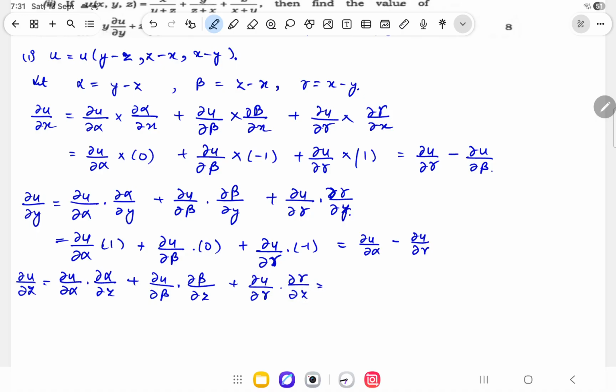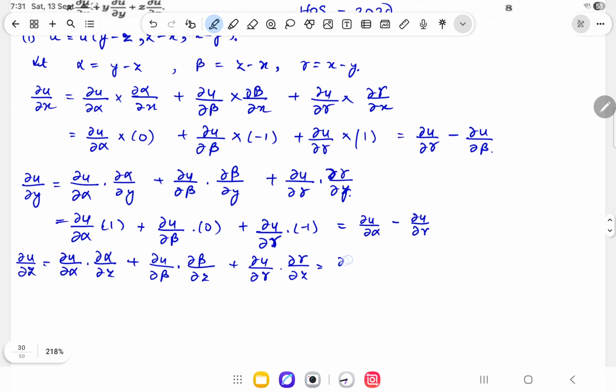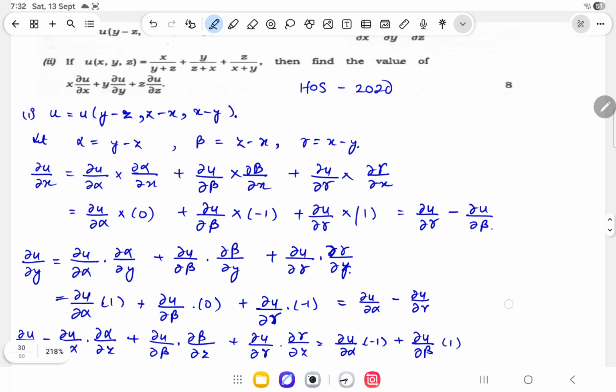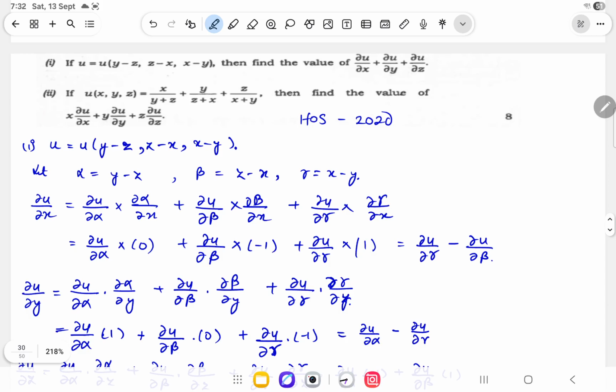So this thing is equal to del u by del alpha into del alpha by del z, which is minus 1, plus del u by del beta, and del beta by del z is 1 only, plus del u by del gamma, and del gamma by del z is 0. So this term doesn't contribute.